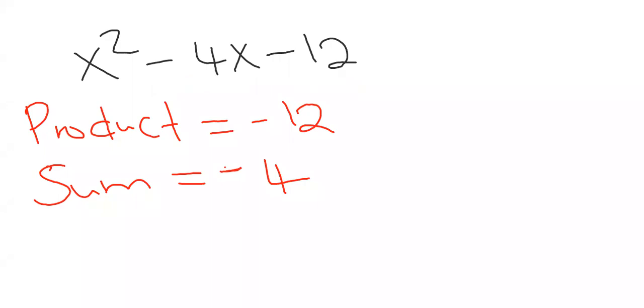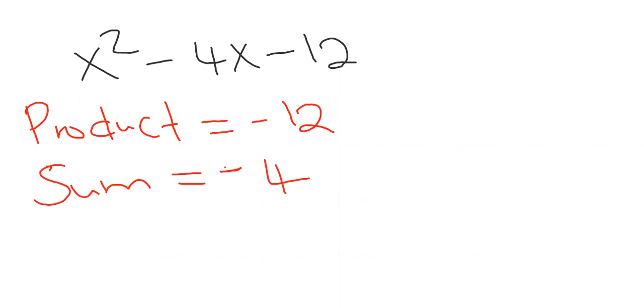Then the next thing that follows, look for two numbers, you multiply them, they give you negative 12. But those very same numbers, you add them, they give you a negative 4.